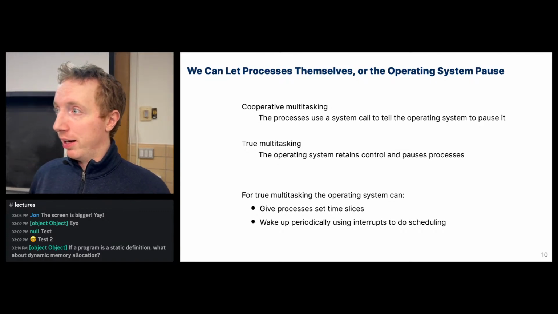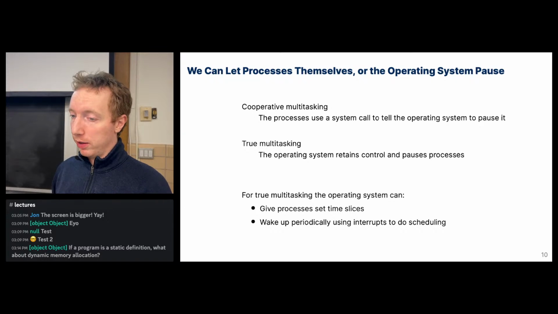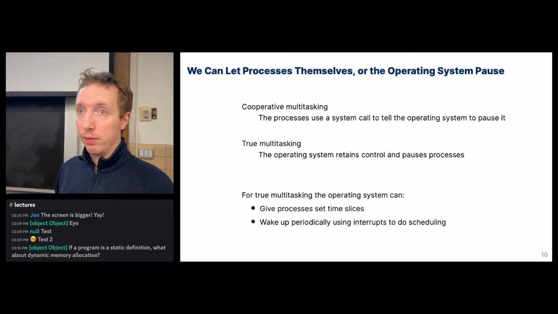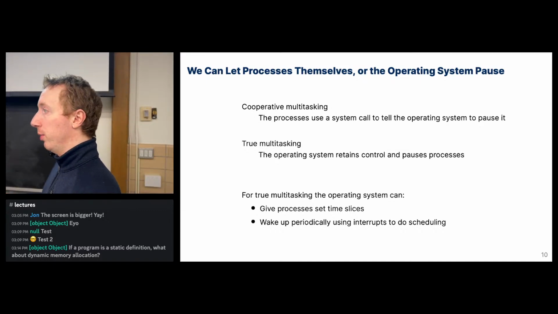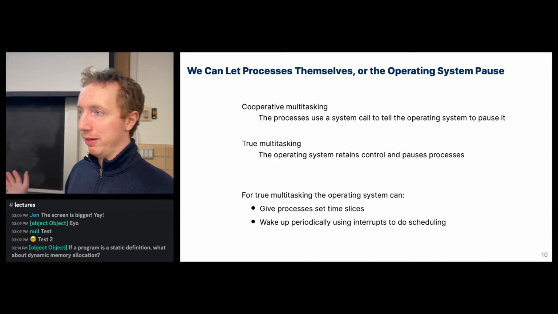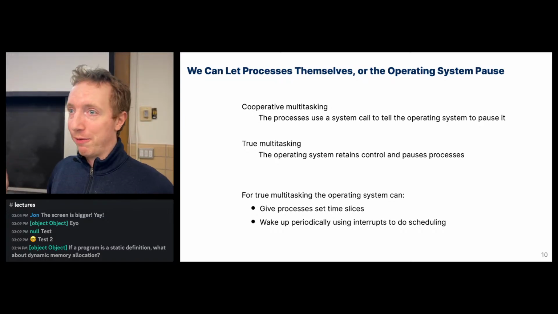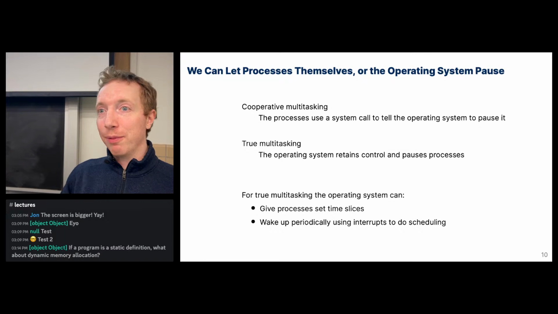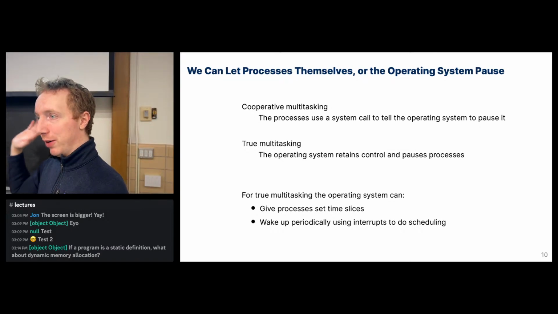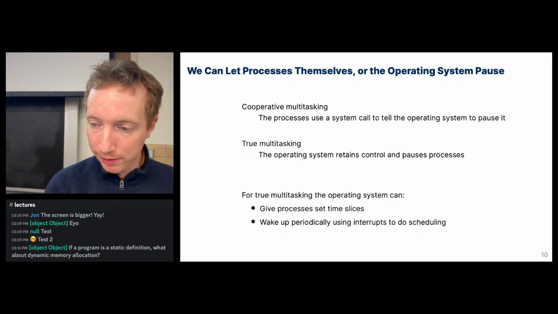But the real thing that we'll see is true multitasking, where the operating system, the kernel, is the thing that retains control and actually pauses the processes and switches them in and out without any intervention from the processes. No one here has ever written code where they give up CPU time, yet you can still browse the internet and watch a video on the side when you execute your program. You can thank true multitasking for that.